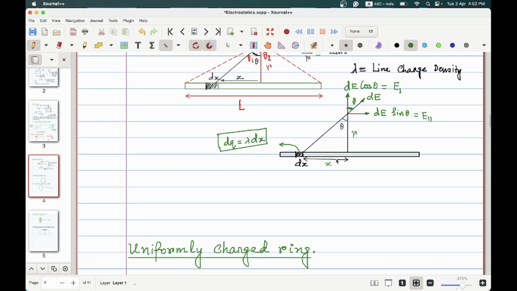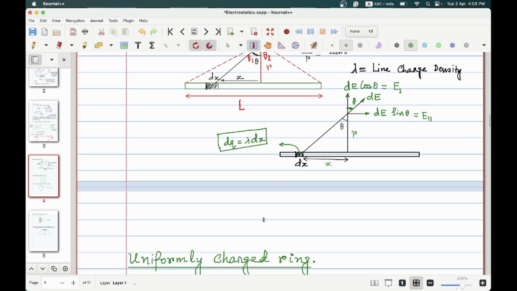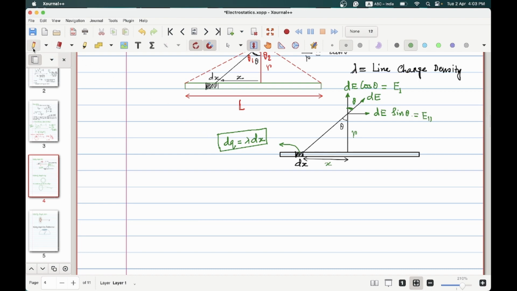Let me take a space here. First we want to calculate the perpendicular component. So this is basically dE cos theta. dE is basically equal to k dq by d square, where d is this distance, into cos theta.